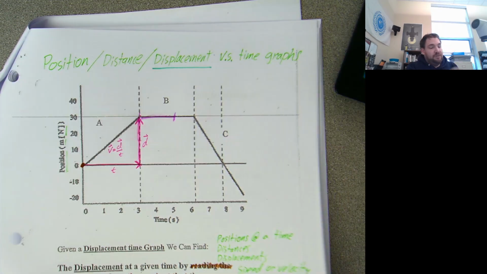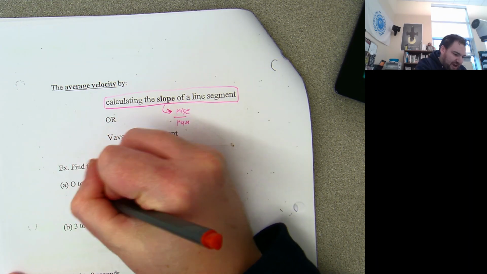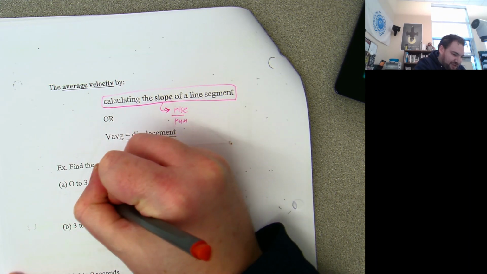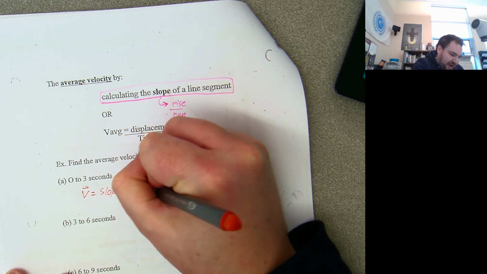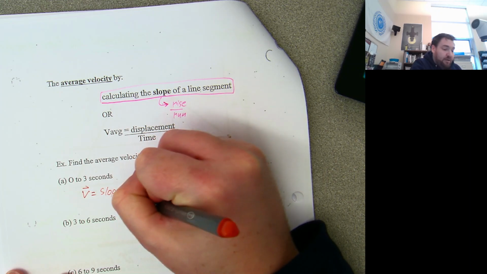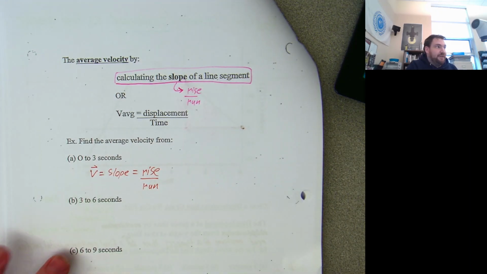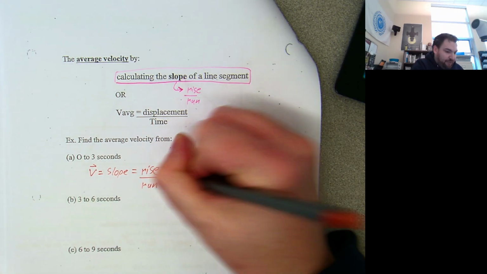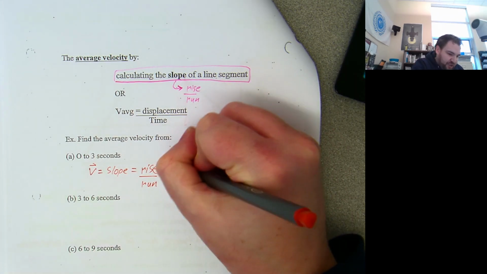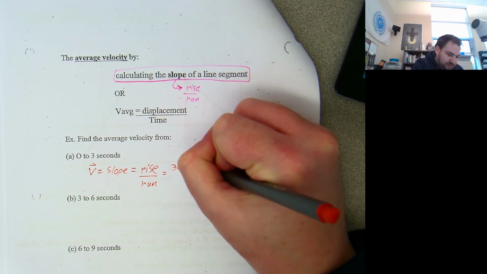If I flip back here and take a look, the velocity is equal to the slope, which is just the rise divided by the run for a particular segment. The first segment rises, and we want to use the values on the side, the scale for the graph. The rise was 30 meters north.